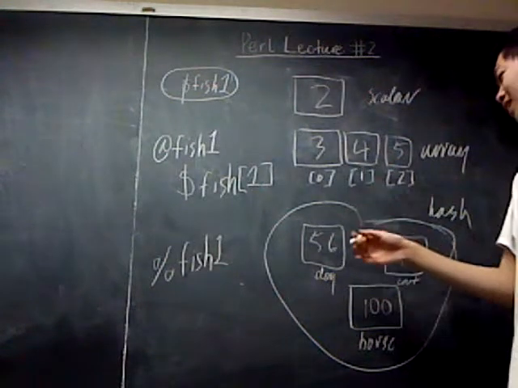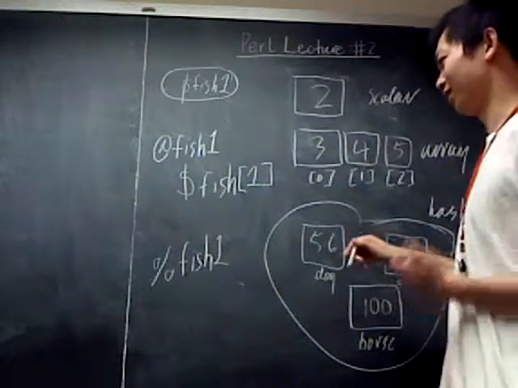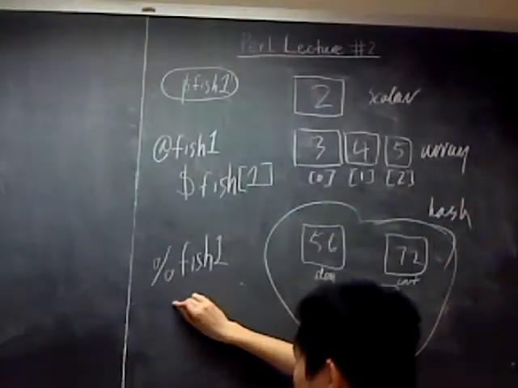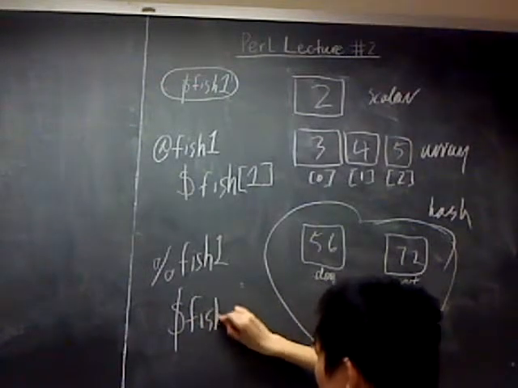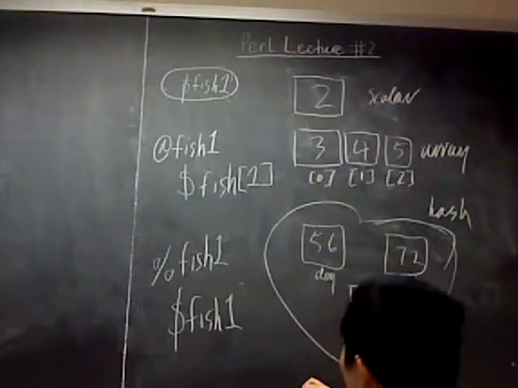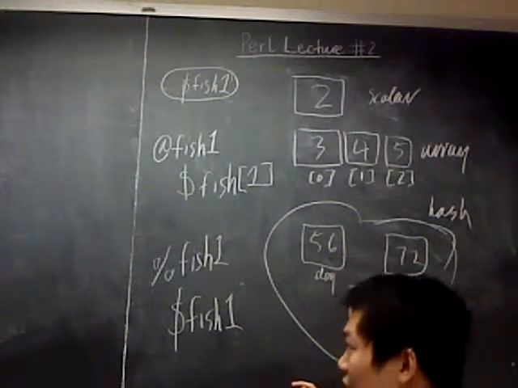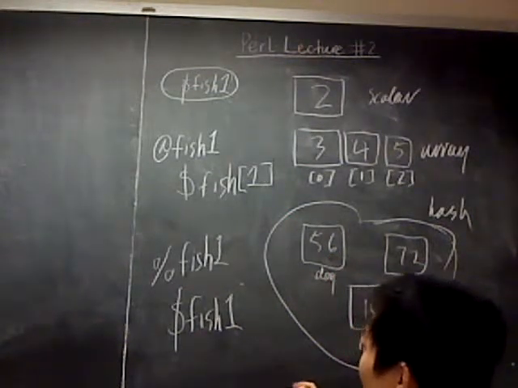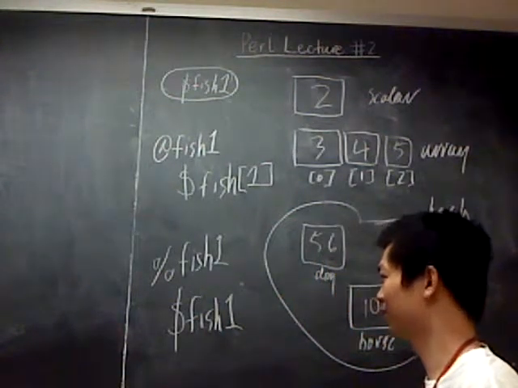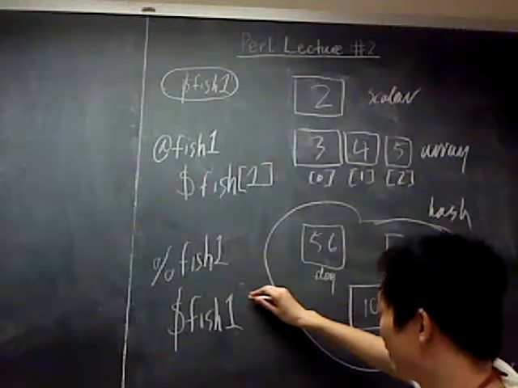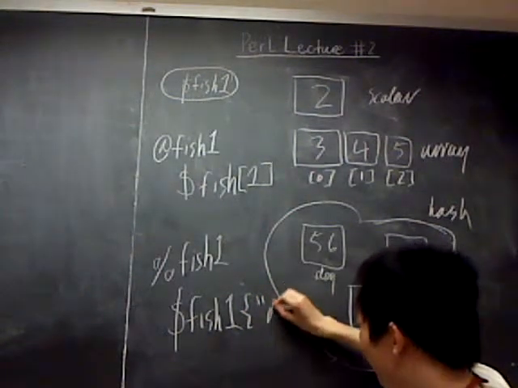Now, how about for a hash? A hash, well, that's a little different too, right? These are also scalars. So we go to scalar notation, $fish1. And let's say I wanted to extract this 56, I'm sorry. So how will we do that? Well, this is where we need to use a little bit different notation. We will have to use curly braces, put it in quotes, dog.